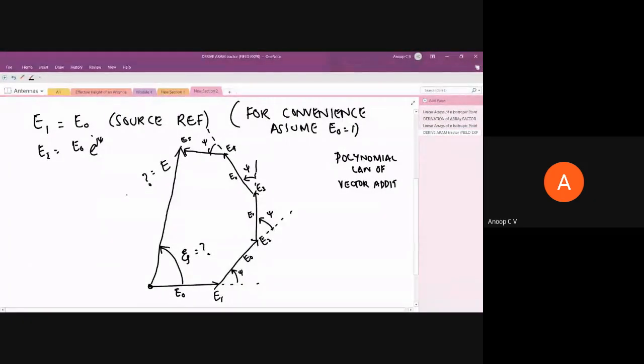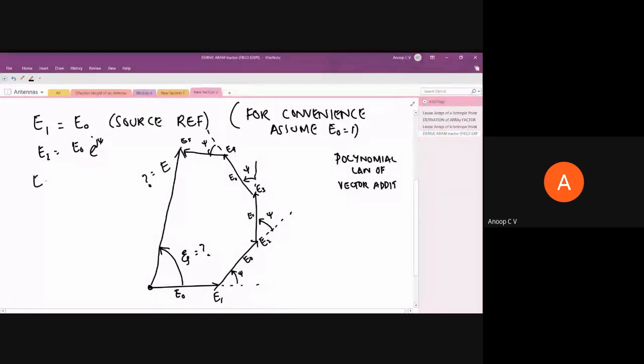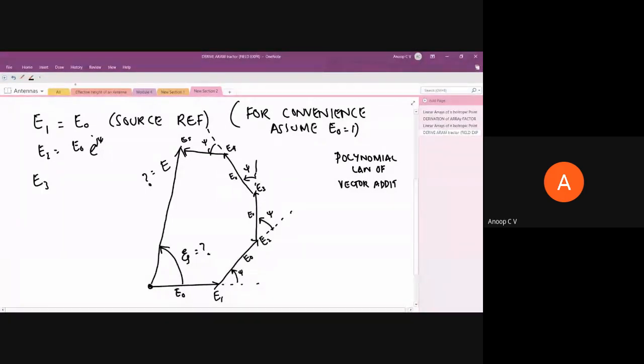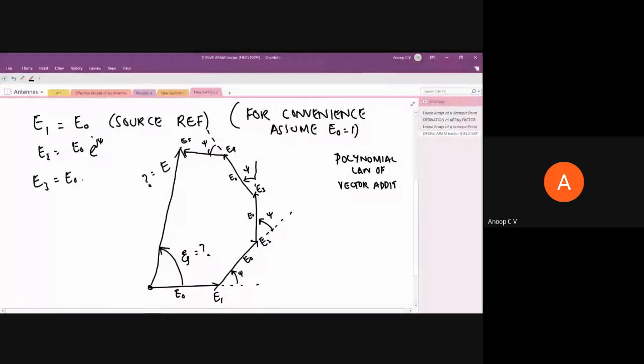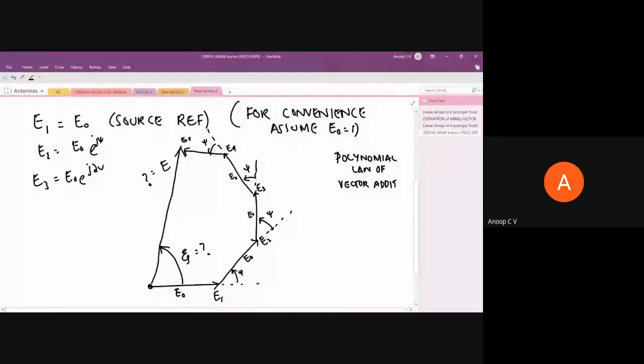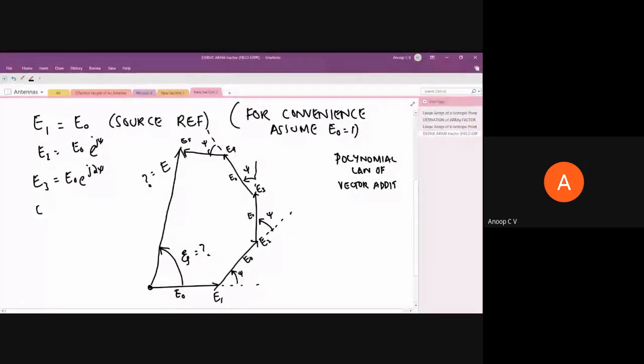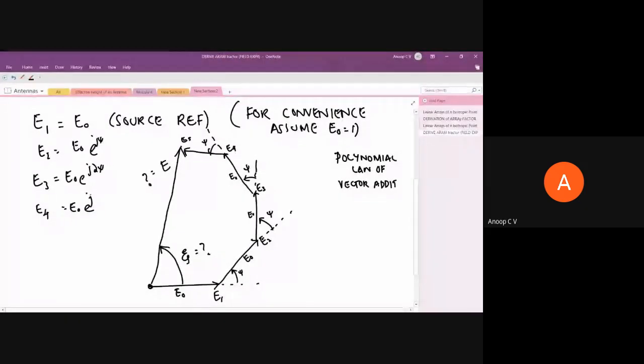So we can write from this: E1 is equal to E naught, E2 is equal to E naught e power j psi. And E3 will be what? With respect to E1, it will be advanced by an amount 2 psi. E3 will be E naught e power j times 2 psi. And E4 is equal to E naught e power j 3 psi, so on and so forth.